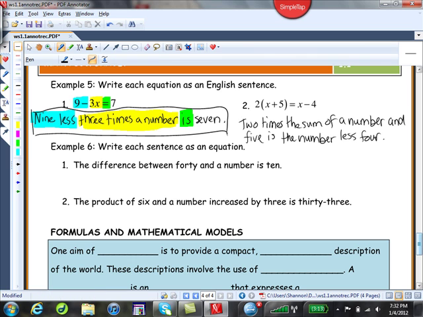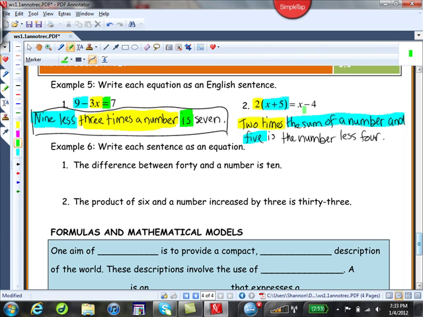And I gotta put 2 times. So the sum of a number and 5 is this part of it. And then here we have the doubling, so 2 times.